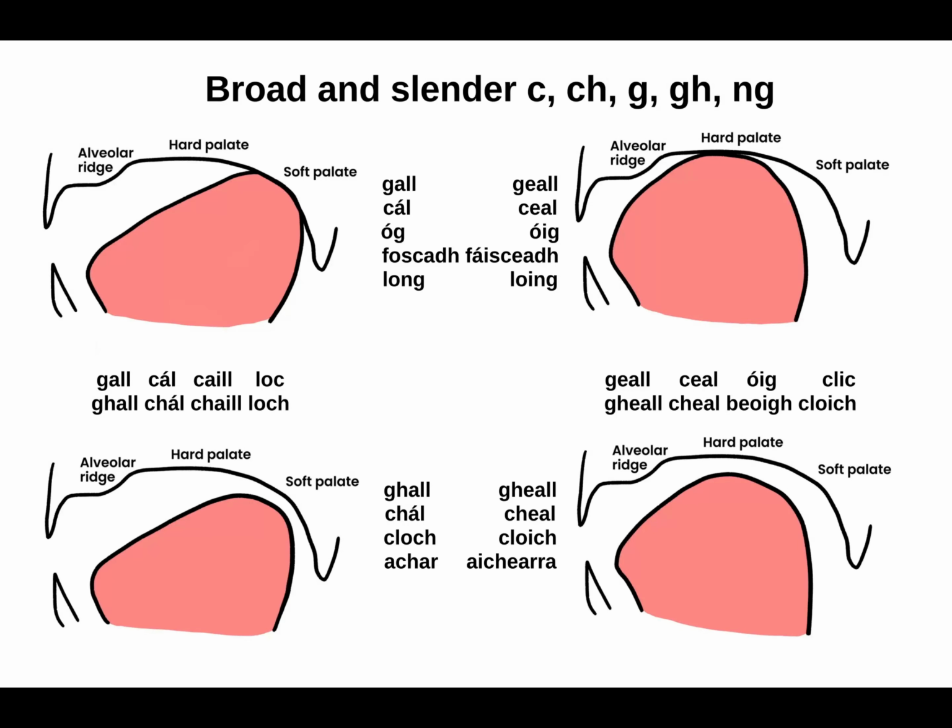Cal. It's a broad stop, k. Okay, next we have chal. Is the ch in chal broad or slender? And is it a stop or a fricative? Chal. It's a slender fricative.